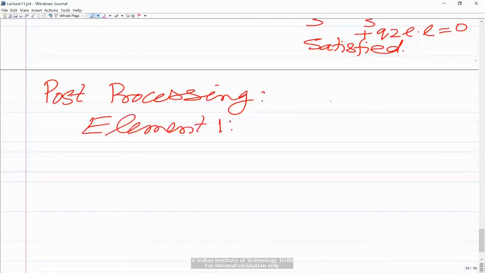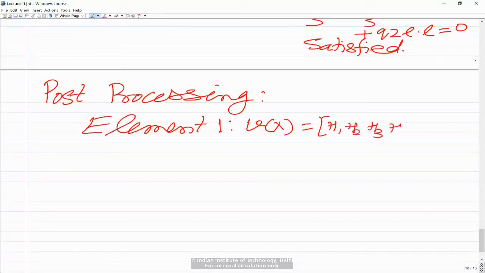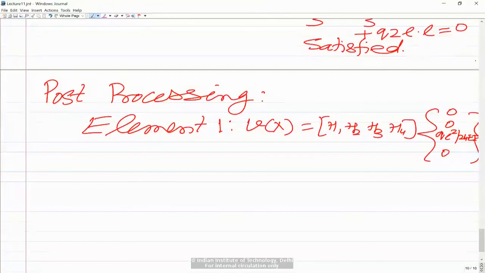Element 1 is defined between global nodes 1 and 2. First the deflection: if you look at v as a function of x, we know this in terms of the Hermite interpolation functions h1, h2, h3 and h4, times the vector of elemental degrees of freedom. So v1 is 0, theta 1 is 0, v2 is ql power 4 upon 24 EI, and theta 2 is 0. This is d e for the first element.